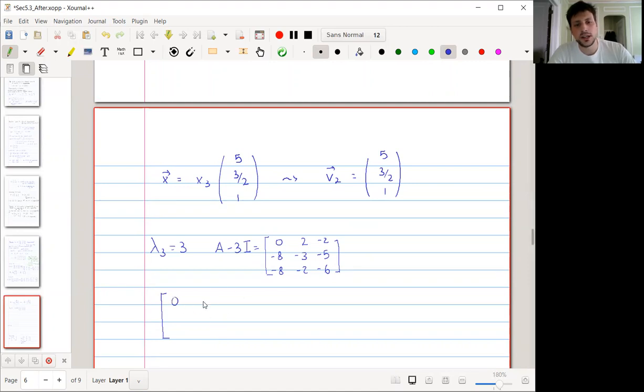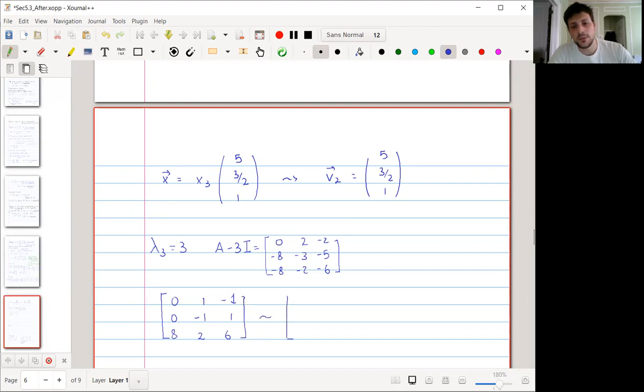The first row becomes 1, minus 1, like that. And then I can subtract the third row from the second, and I get 0. Then I have minus 3 plus 2, that's minus 1, and minus 5 plus 6 is equal to 1. And then the last row, I can flip the signs, 8 to 6.